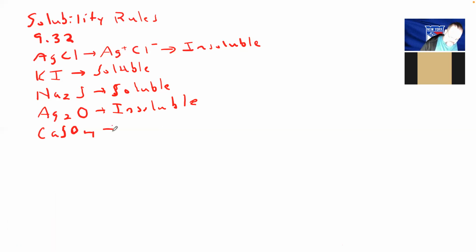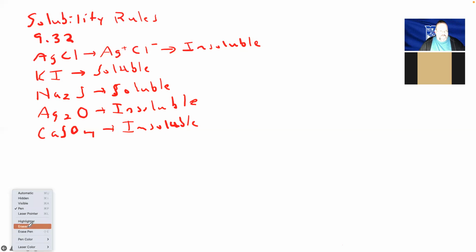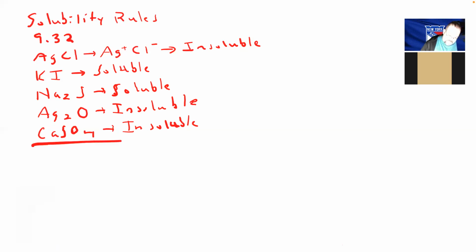So calcium sulfate is insoluble in water, because it's one of those exceptions where most sulfates are going to be soluble in water. If you pair calcium up with sulfate, it's going to be insoluble in water. Okay? So again, I don't expect you to memorize the solubility rules, but you have to be able to use them.